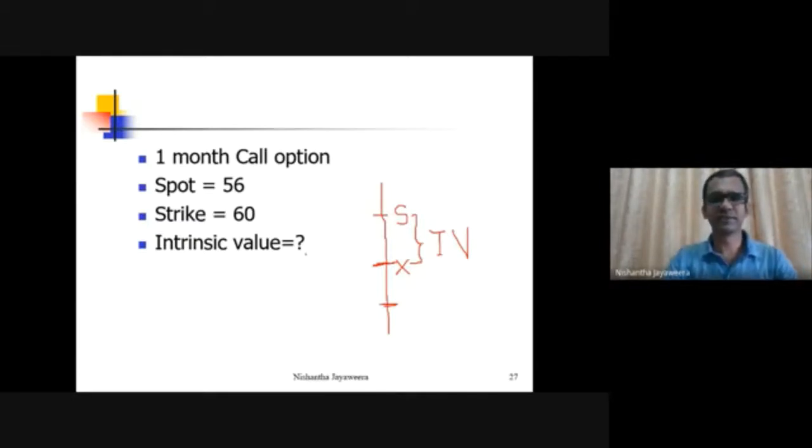Now if the premium for this option is, say, 10. What's the time value?